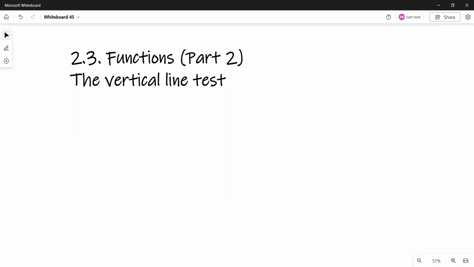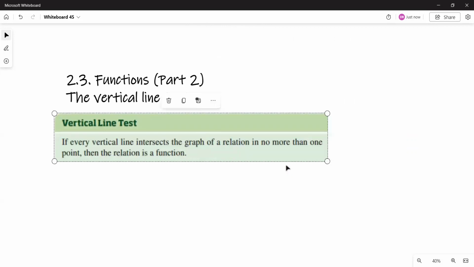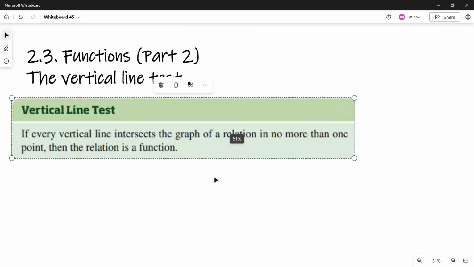So one way to determine whether a graph is a function is by using the vertical line test. Okay, that's page 207.